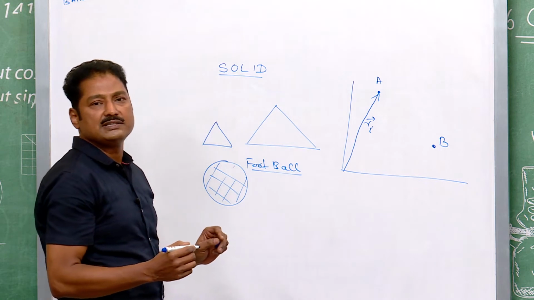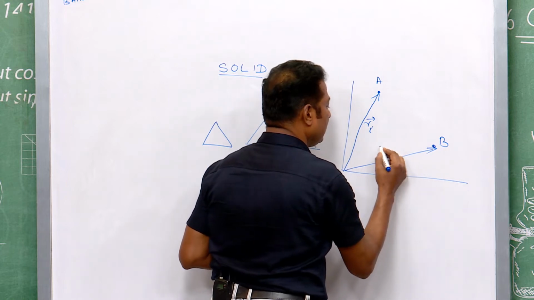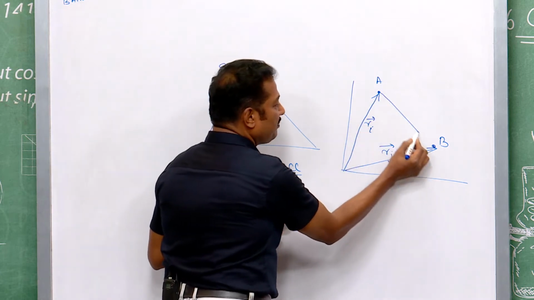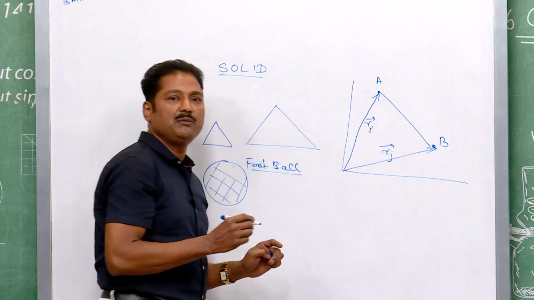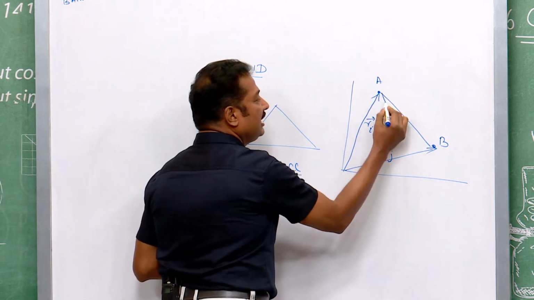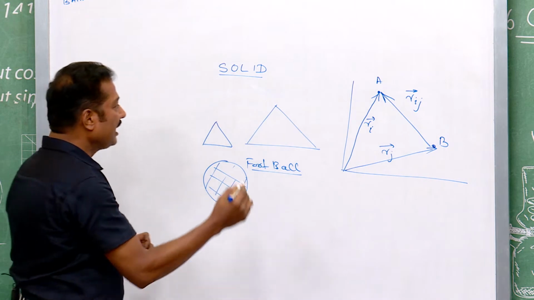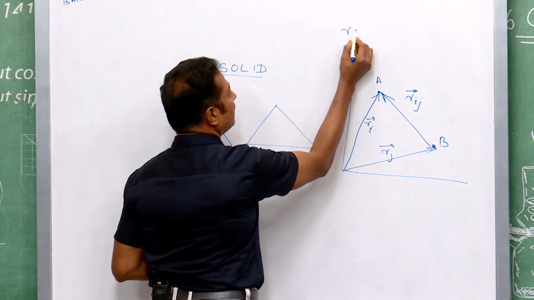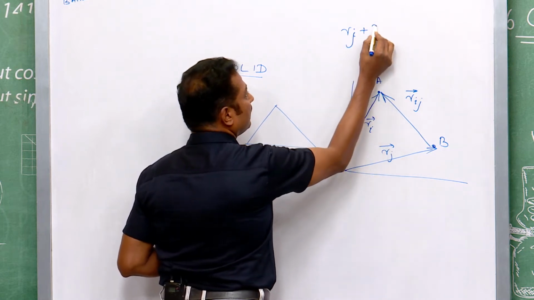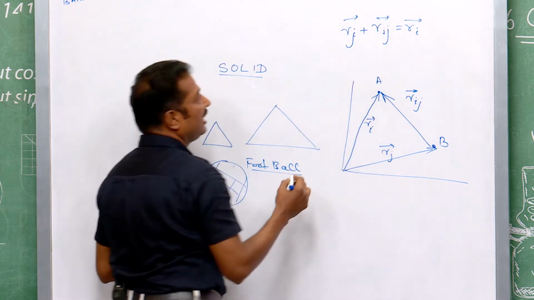Similarly, I can assign another position vector to point B of the solid, let it be R j. Then the distance between A and B, let it be R ij.